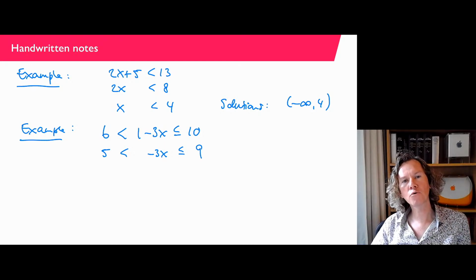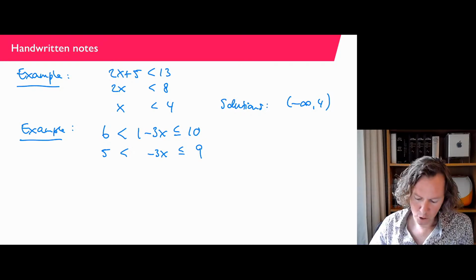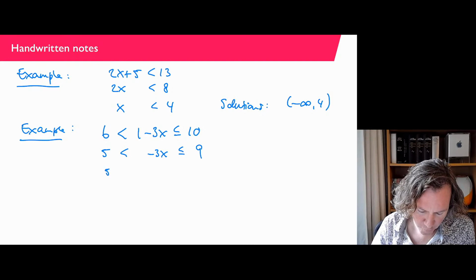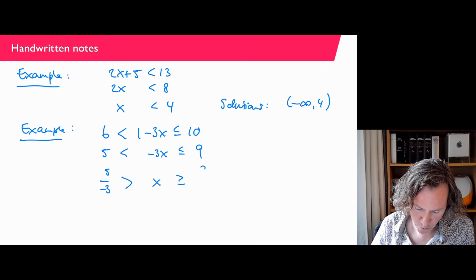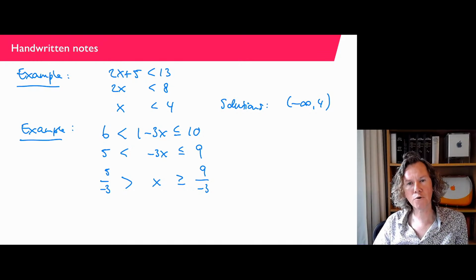And now I'm going to divide by minus 3, and hopefully you recall if you divide by a negative number, then the inequality signs swap. So I'm going to say 5 over minus 3 is bigger than x is bigger or equal 9 over minus 3. So that's how you can rewrite this.